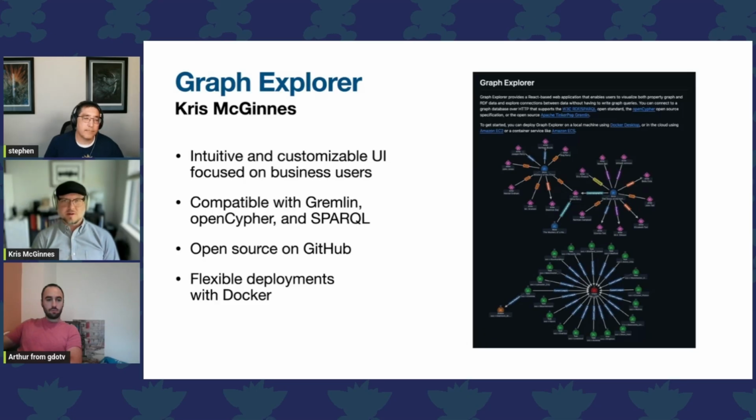So this is very friendly for business users and anyone who's just looking to explore their data, maybe not dive in super deep with the technicalities. And it supports a wide range of query languages, including Gremlin, obviously, that's why we're here, and OpenCypher and SPARQL.